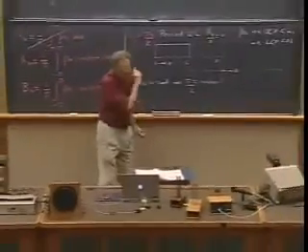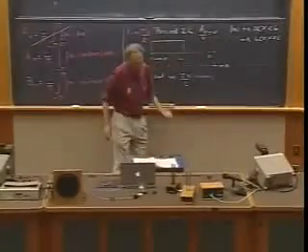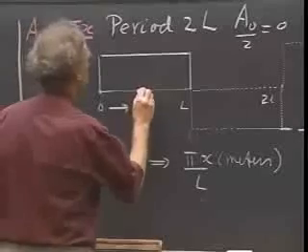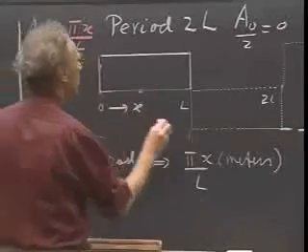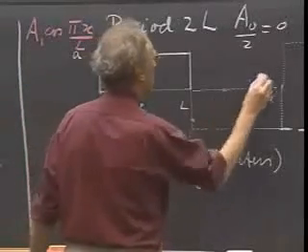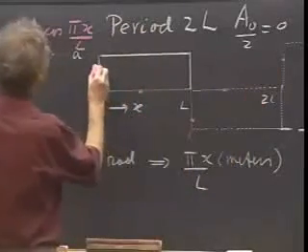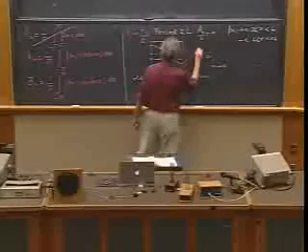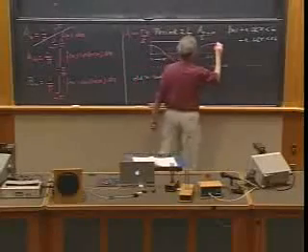I'm going to plot now into this function of ours the A1 value. So it's here, here, here, here, and here. And so here is that function, and this amplitude then is A1.